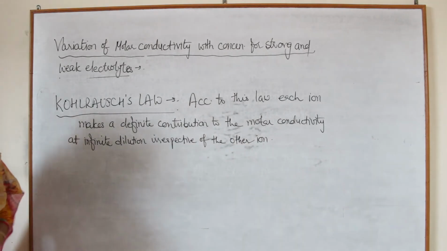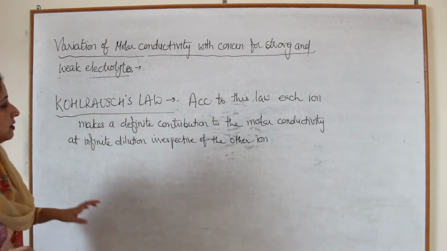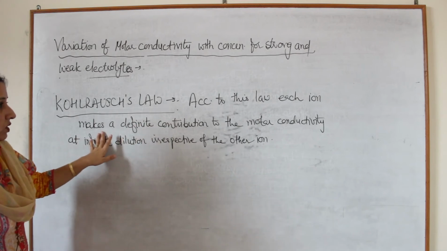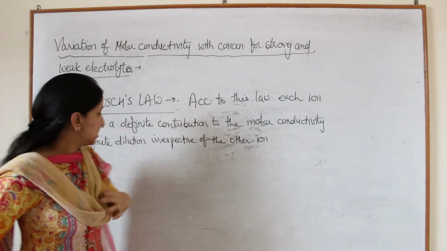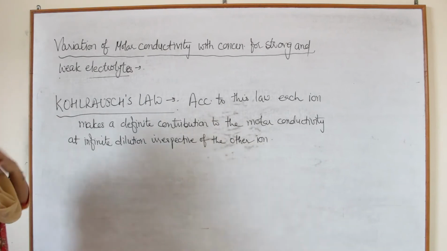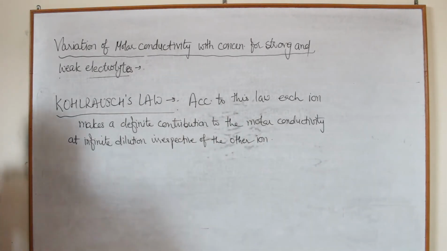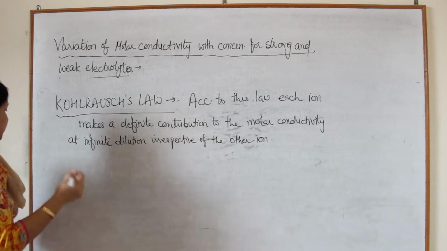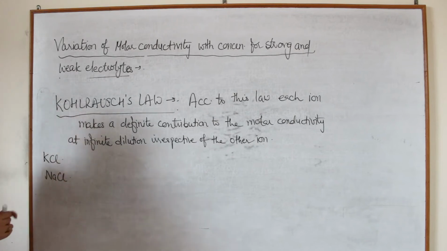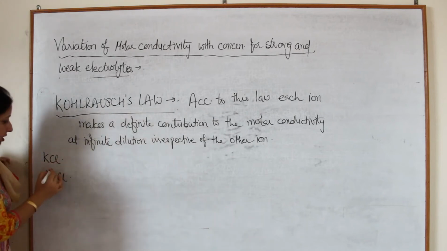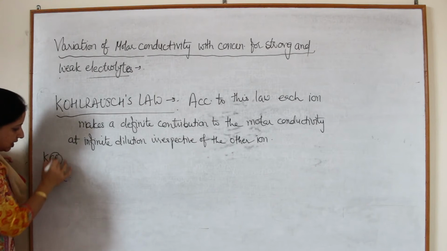What does it mean? According to this law, each ion makes a definite contribution to the molar conductivity at infinite dilution irrespective of the other ion. For example, if we have KCl and NaCl, look, what is common in these? Chlorine.